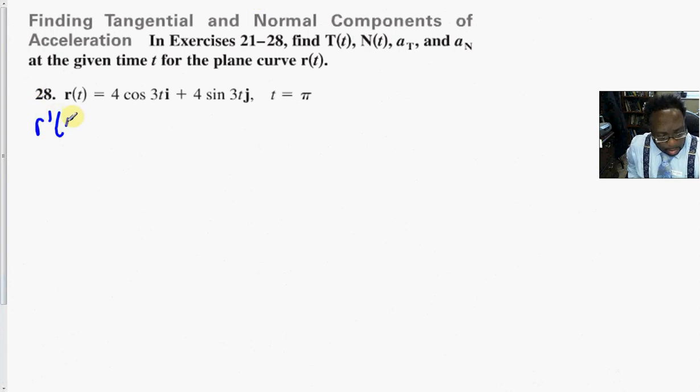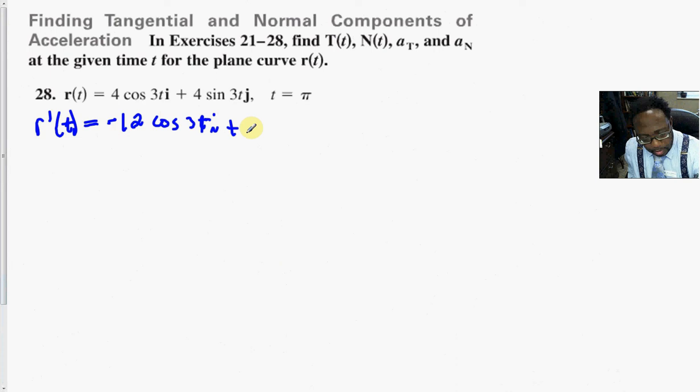So r prime of t is, taking the chain rule, 4 times 3 is 12, and then the derivative of cosine is negative, so negative cosine 3t i plus 12 cosine 3t j.